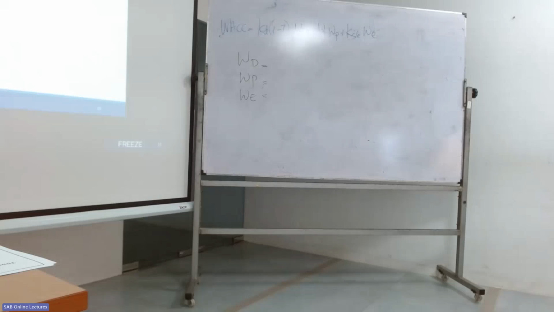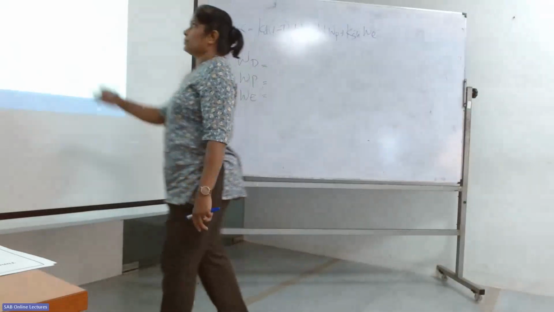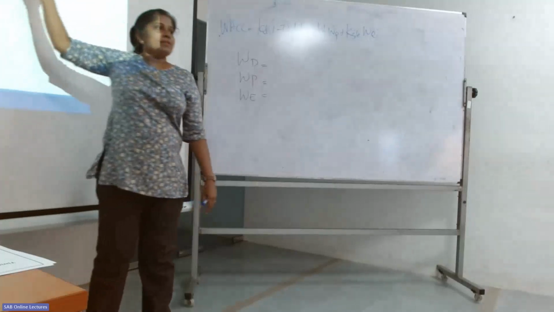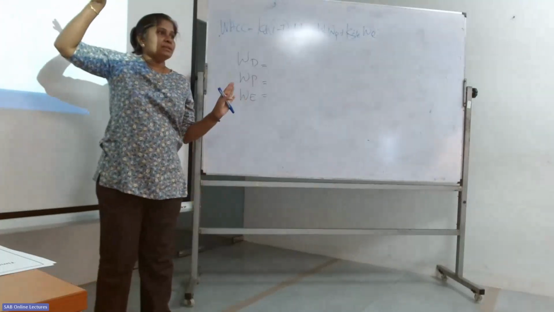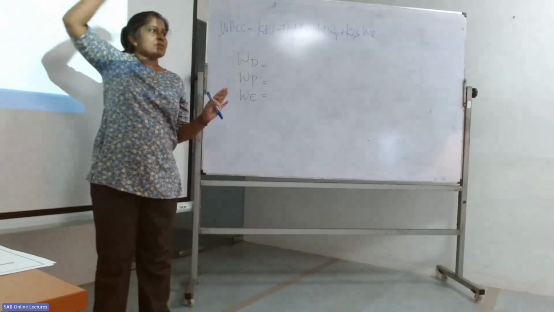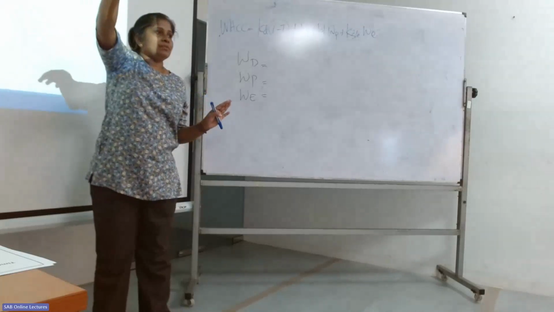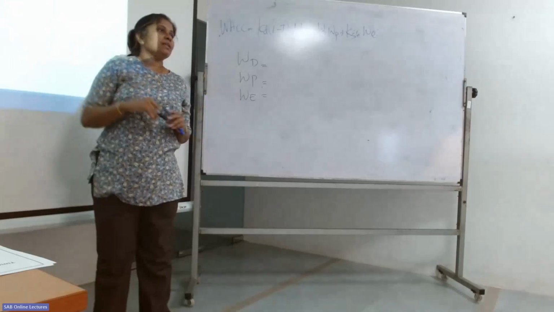So how to estimate the weights? Their total capital is 2 million. So the total capital requirement is 2 million at the moment. They have financed 600,000 from the debt, 400,000 from the preference shares, and 1 million from the equity.